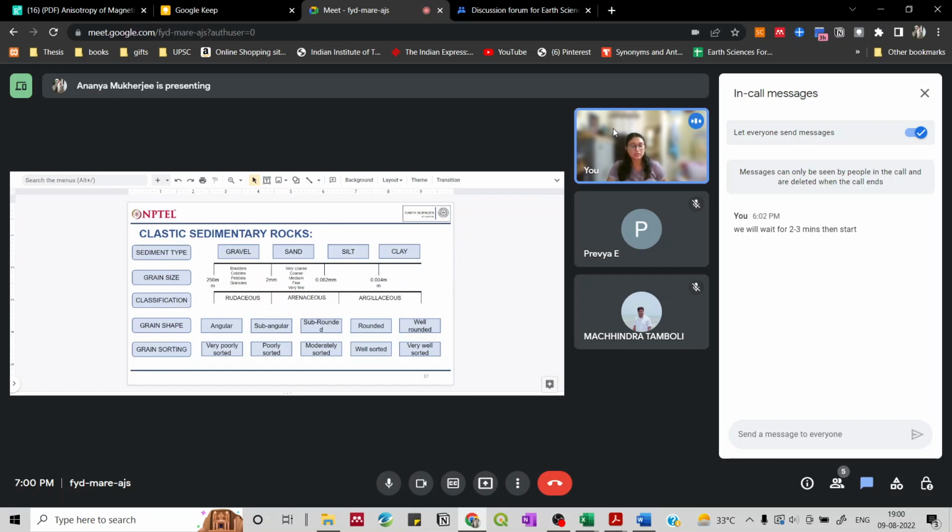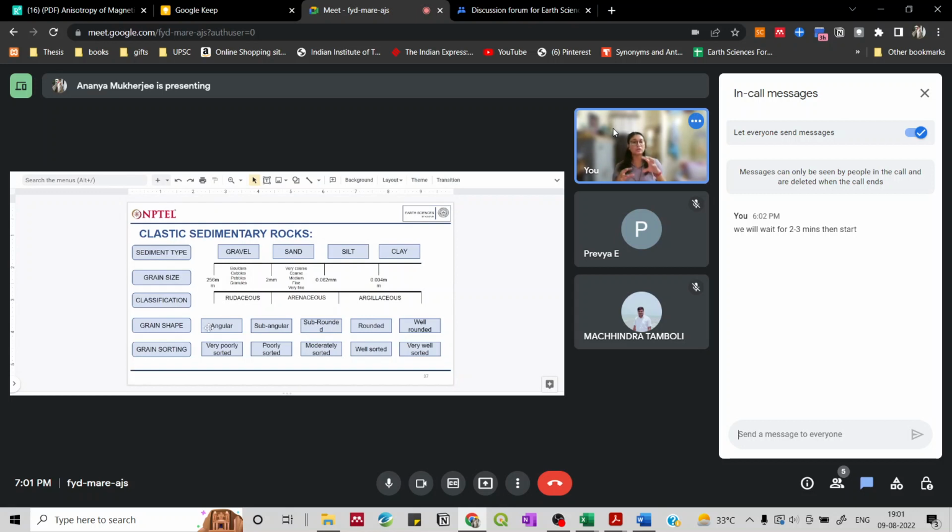Rudaceous is usually a combination of gravel and sand, not fully sand, but you will find some sand size particles also in rudaceous rocks. Arenaceous rock is mostly made up of sand sized sediments, and argillaceous is silt and clay sized sediments.